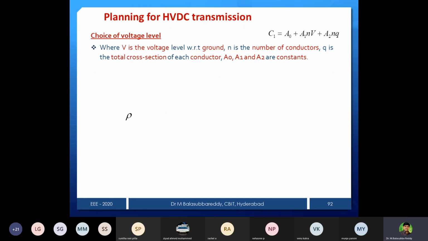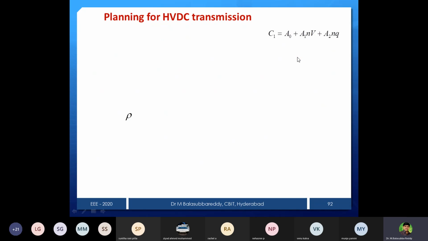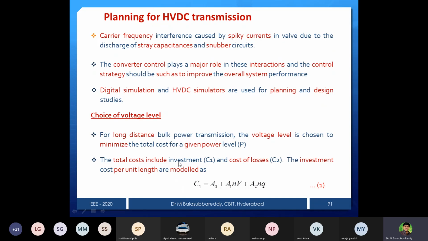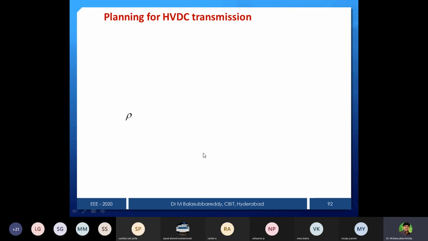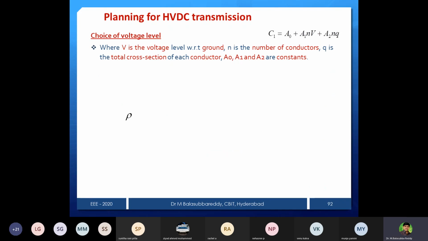So all these things, the cross sectional area of the conductor, the number of conductors, and the voltage level, will decide the cost. So what is that C1 cost? C1 is the investment cost, because once the number of conductors varies, or the voltage level varies, or the cross sectional area of the conductor varies, automatically the cost is going to vary. So that is the cost of investment. The cost of losses per unit length is given by another formula, an empirical relation.